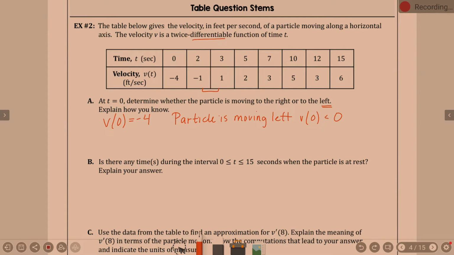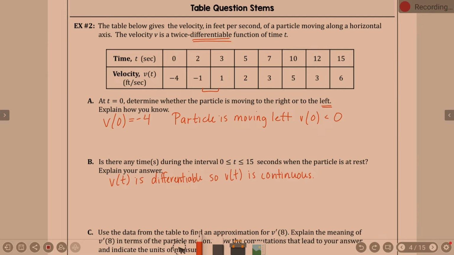Do you remember, guys, that if a function is differentiable, it is continuous, right? Now, if it's continuous, it may or may not be differentiable. But if it's differentiable, it is continuous. So, one thing I'm going to say here, because you need to mention this: v of t is differentiable. So, v of t is continuous. That would be the whole reason that we were told it was a differentiable function.